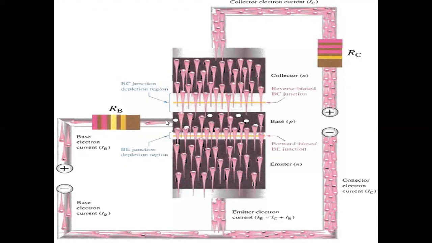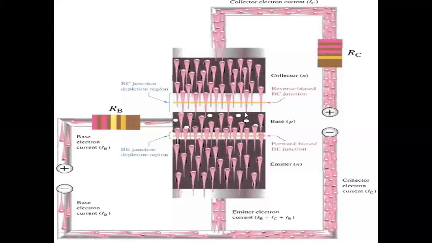Identification of the base and emitter characteristics, the base and collector characteristics, and the collector and emitter characteristics is displayed as per the movement of the electrons with respect to the holes.